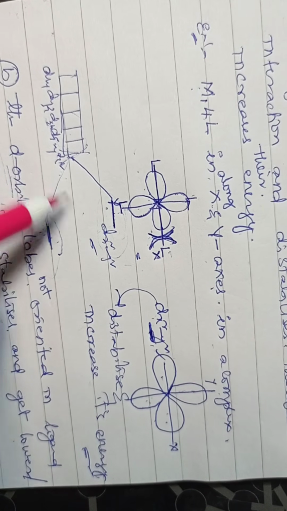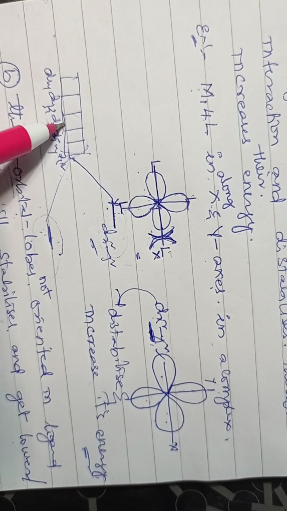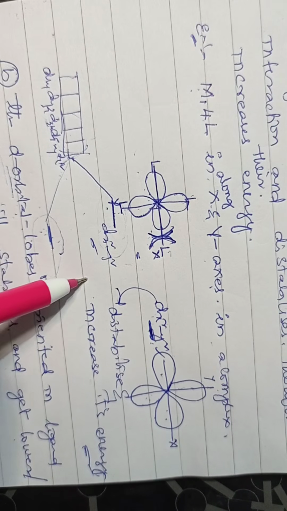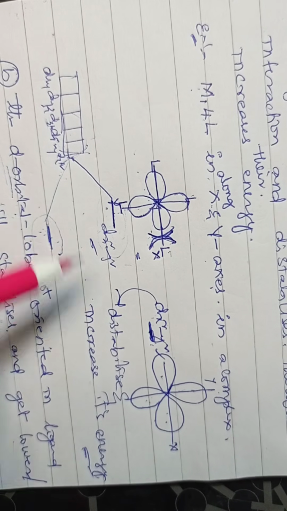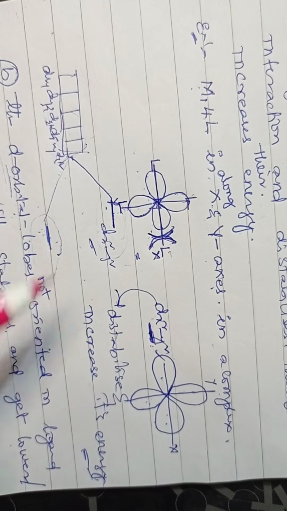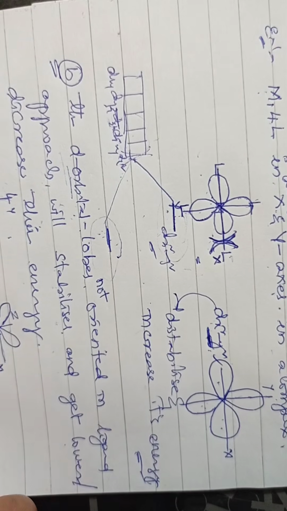This splitting of the 5 degenerate d orbitals is nothing but loss of degeneracy, splitting of d orbitals. That is how crystal field theory explains the loss of degeneracy in d orbitals of transition metal complexes, right?